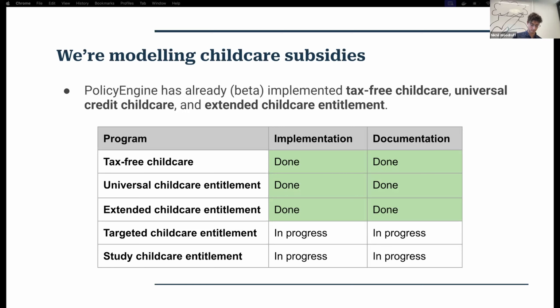We started with implementing tax-free childcare, then universal and extended, and we are also working on some childcare entitlement for targeted families and for families who are students. We implemented and made documentation for these three, and we are working on the targeted and study childcare programs as well.